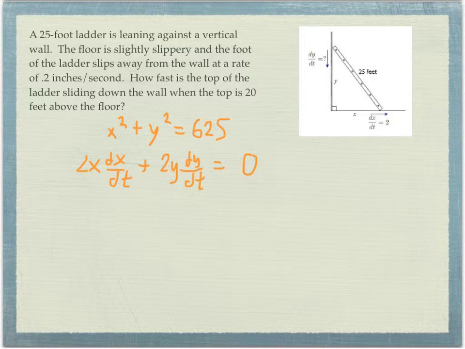So I'm going to put in 15 for x, because if it was 20 feet above, if I went ahead and solved this, x would end up to be 15. That's just a variation of a 3, 4, 5 right triangle. So that's where that 15 comes from. Plus 2, now the y value is also given to us.